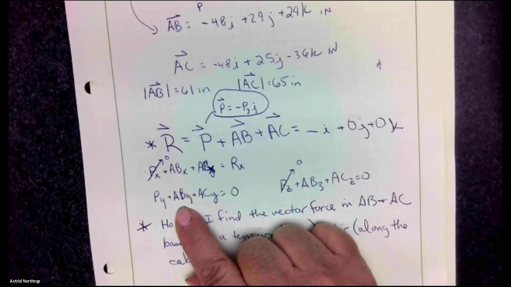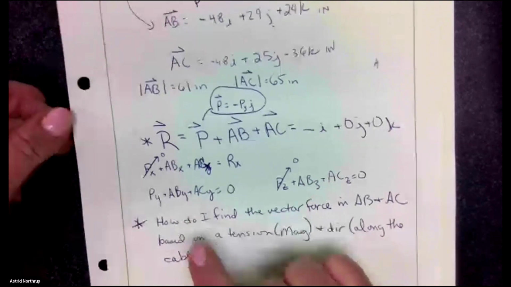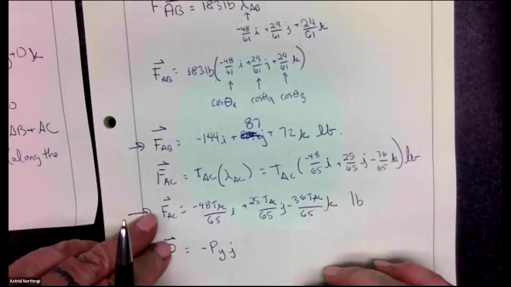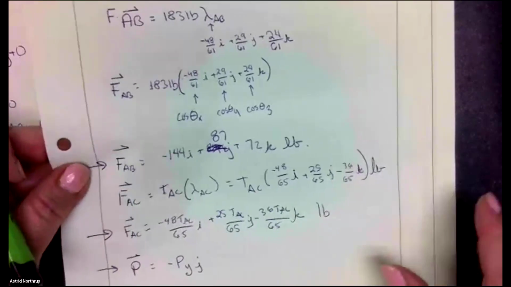But if I start with these other equations, something might pop out, which is what I'm going to hope for, right? So let's write out all three of those equations, filling in what we know, even though we're going to have to keep some of it in variable form.